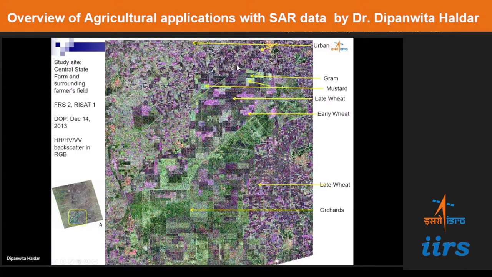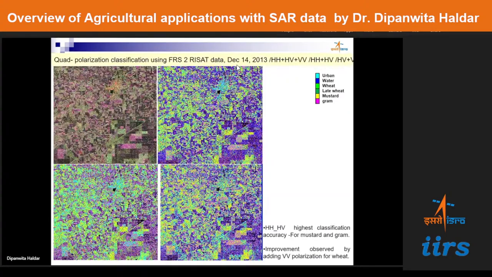This is another full polarization data set from ISAT, and multiple colors are showing the different crops: wheat, mustard, gram. This is a winter image during December. This is a classification done from the same data set. With a single date, you can do the classification of various crops using some rules of the various polarizations.